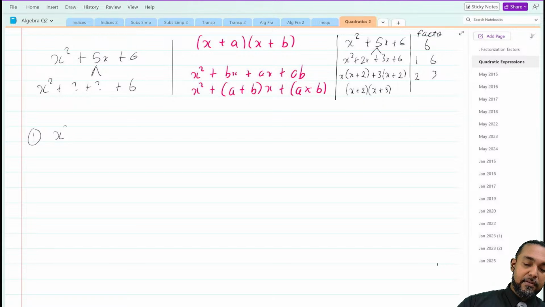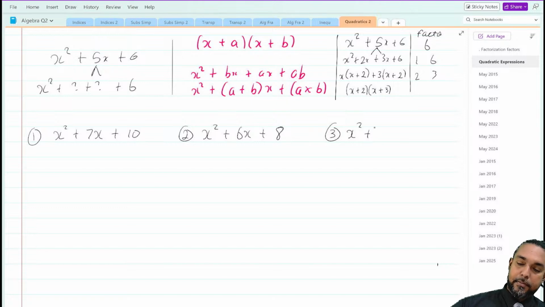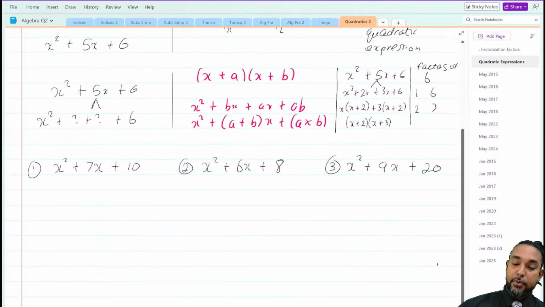So let's say I have x squared plus 7x plus 10, right? Let's say I have x squared plus 6x plus 8. Let's say I have x squared plus 9x plus 20, right? Now you don't have to go through this whole process here, right? All I want you to do is look at the numbers.